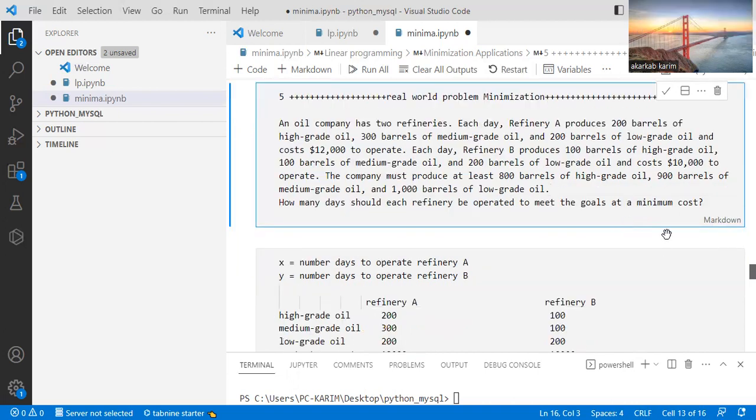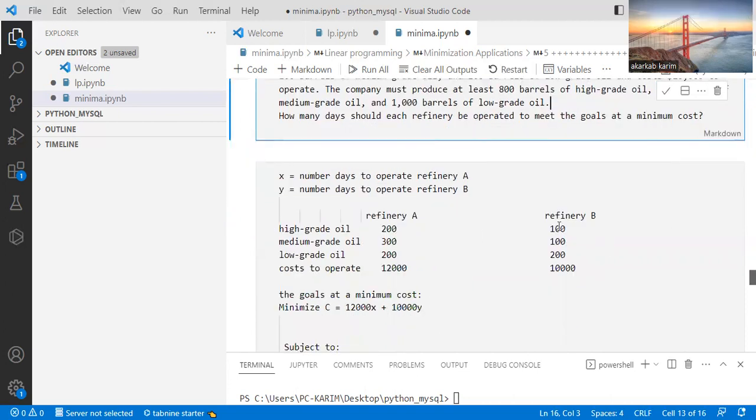So the objective here is to minimize the cost of the operation of both refineries. Well, I summarize the information here.